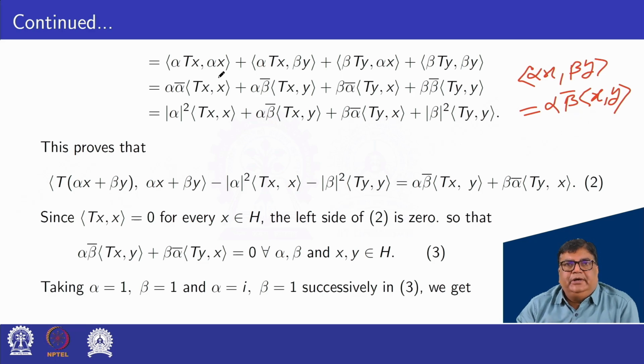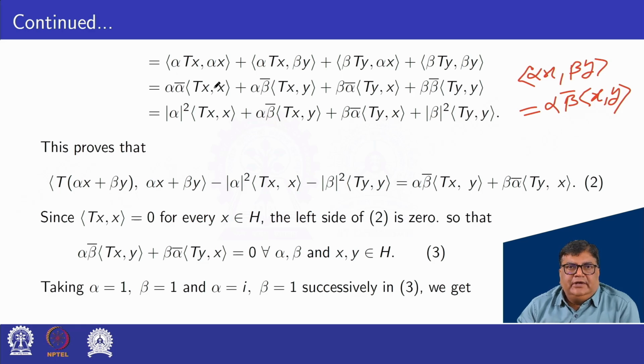So using this property, this can be written as alpha alpha bar (Tx, x), similarly alpha beta bar (Tx, y), plus beta alpha bar (Ty, x), plus beta beta bar (Ty, y).